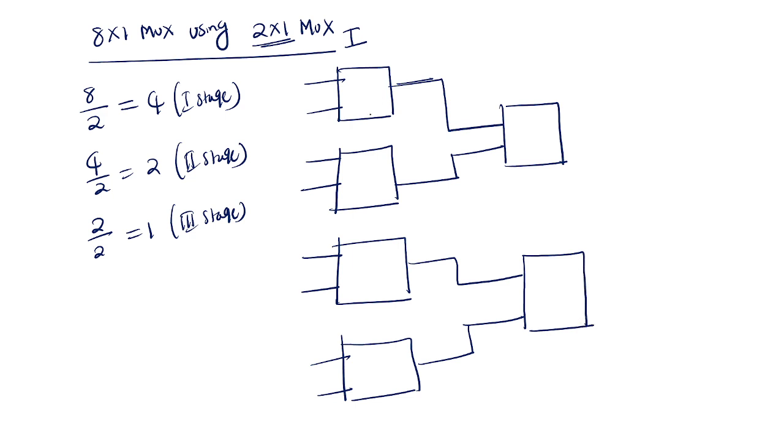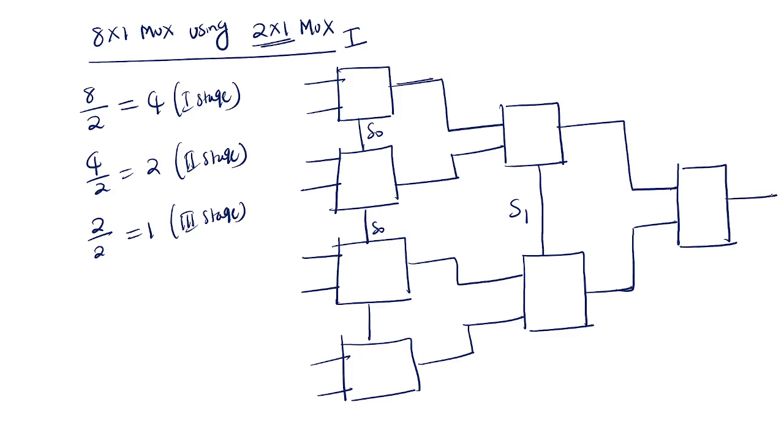There is a common selection line for these, this is S0, and here also a common selection line, this is S1. This is given to one more 2 cross 1 mux, and this is the output Y. This is selection line S2. So this is the first mux, second mux, third, fourth, fifth, sixth, and seventh.